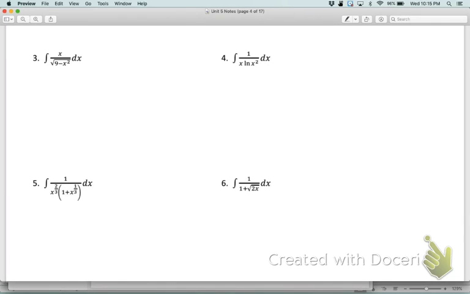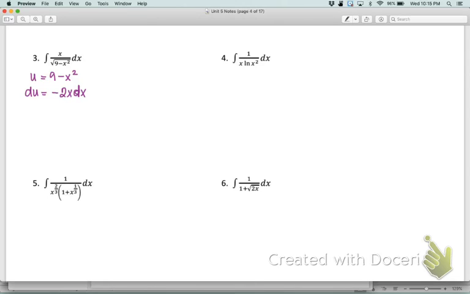The inside to me seems like the inside of this radical. So that's what I'm going to choose for u. I'm going to let u equal 9 minus x squared. That makes du equal to negative 2x dx. Whoops. And that looks like that's going to work out with what we have.